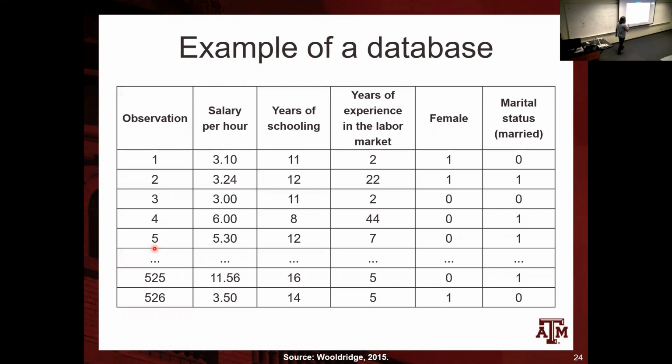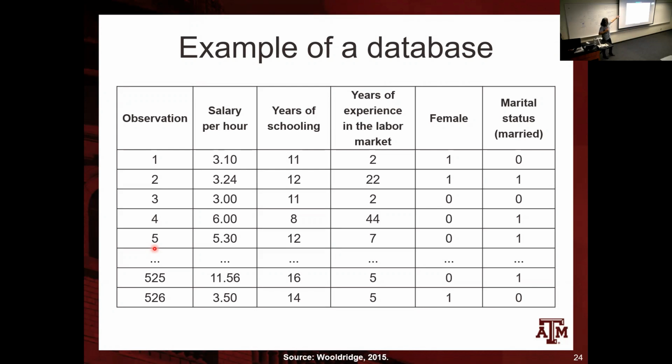Out of the women, how many are married, in percentage terms? 50%. Out of the women, 50% are married, 50% are not married. Out of the men, 66% married, 33% not married, right?